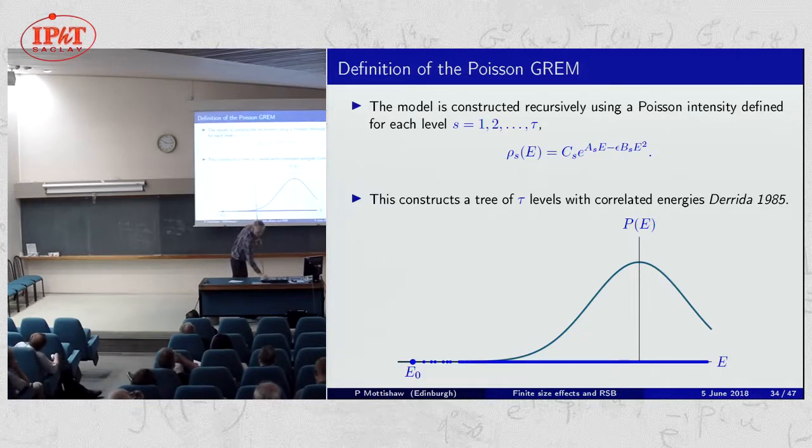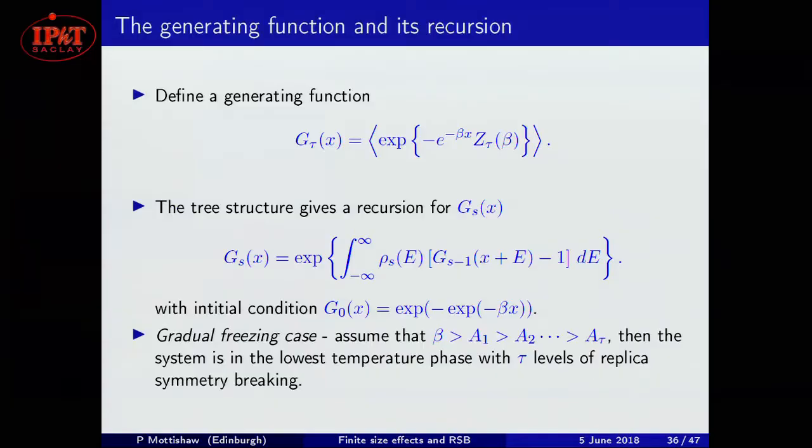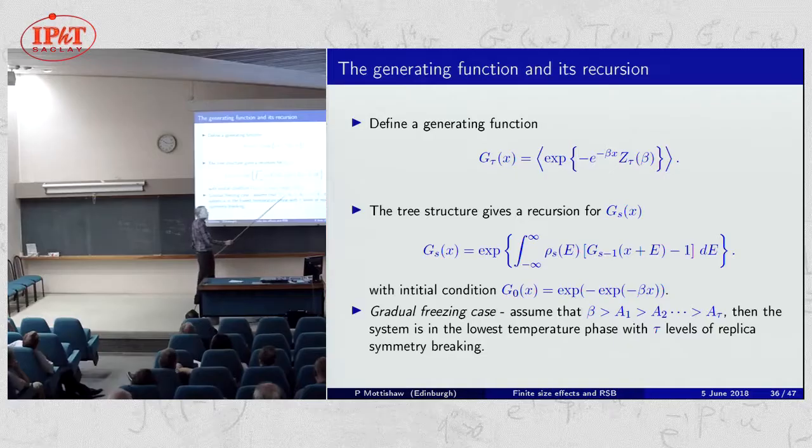So I can choose those. They also determine, obviously, the transition temperature. So I choose them so we get a sequence of transitions, and I assume I'm in the lowest temperature phase. So I've now got, in this case, K steps of replica symmetry breaking.